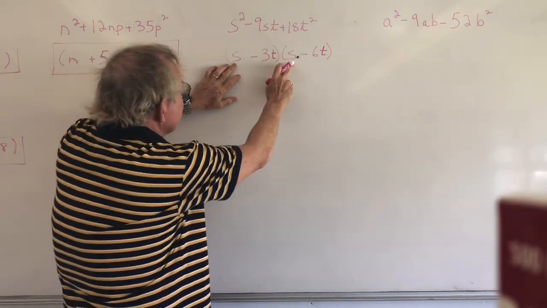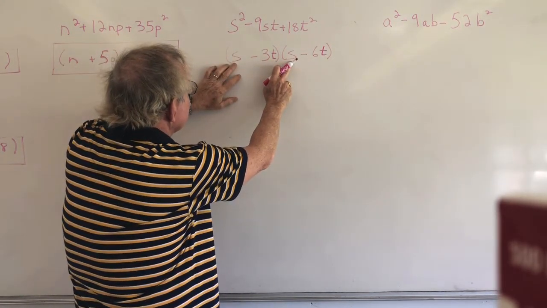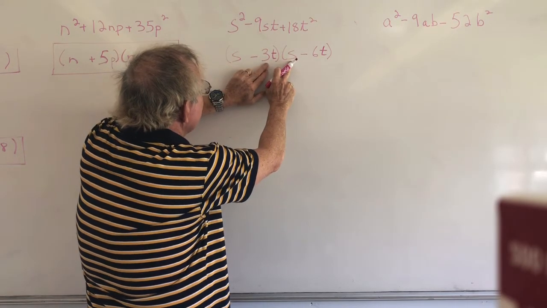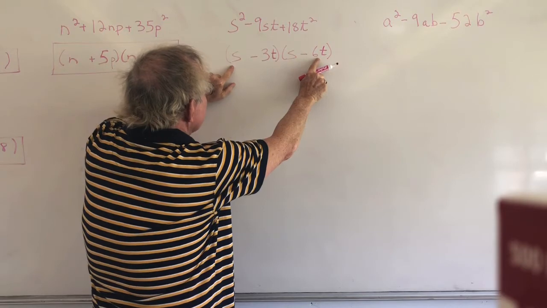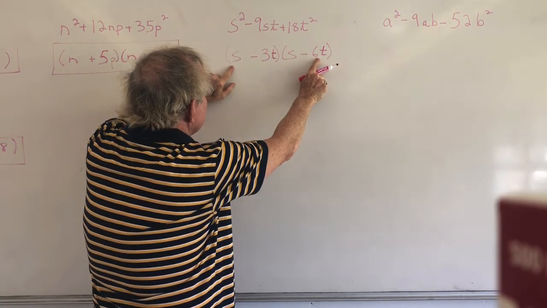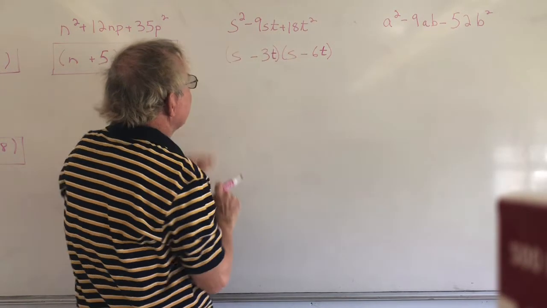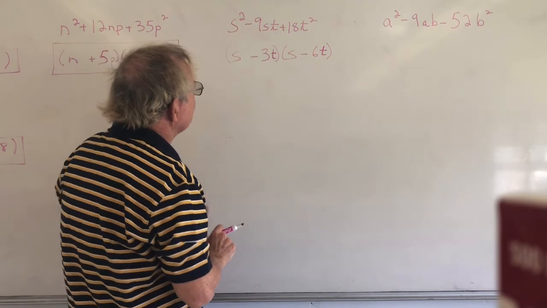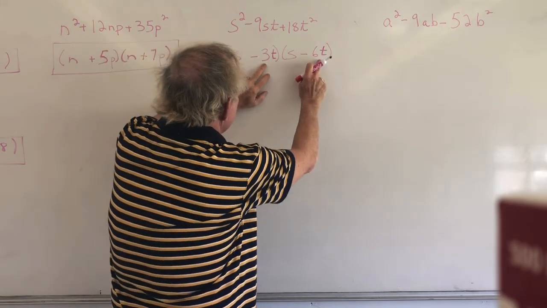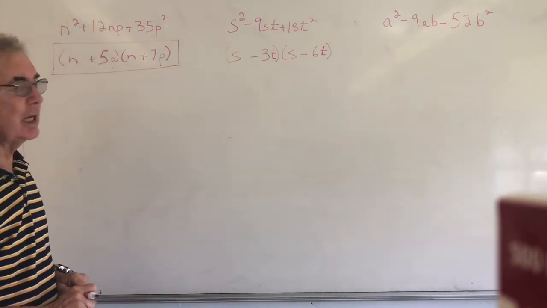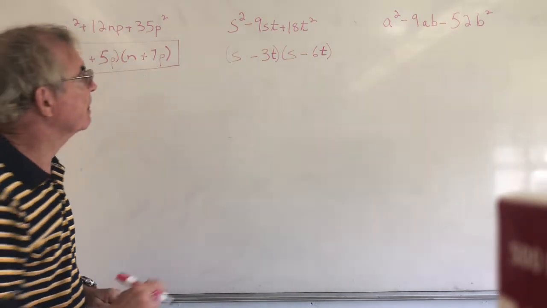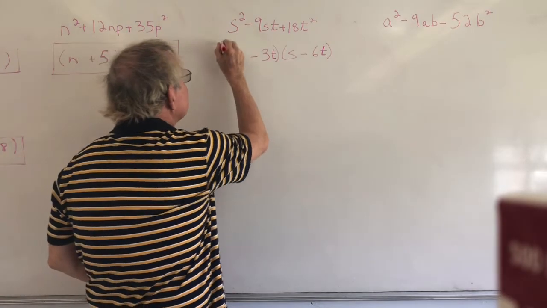S times s is s squared. This gives you negative 3st and another negative 6st, which adds up to negative 9st. And negative 3t times negative 6t is 18t squared. So there you go.